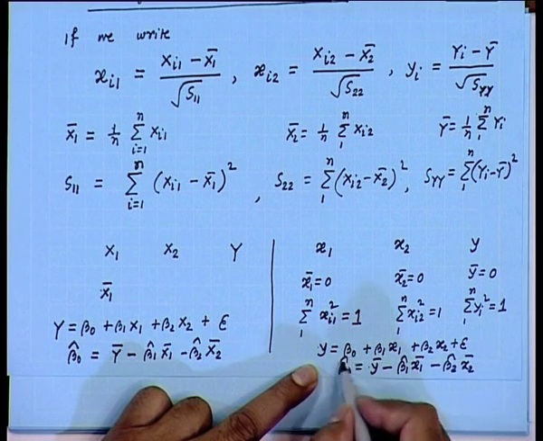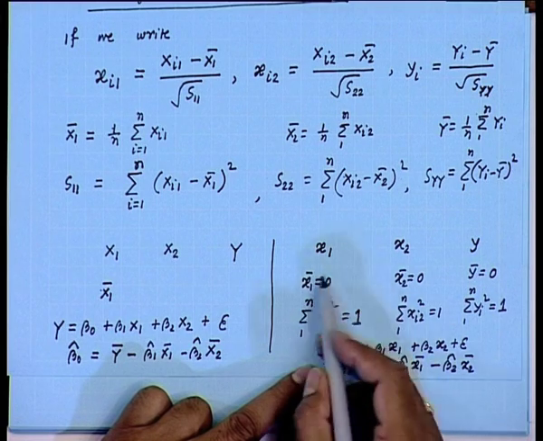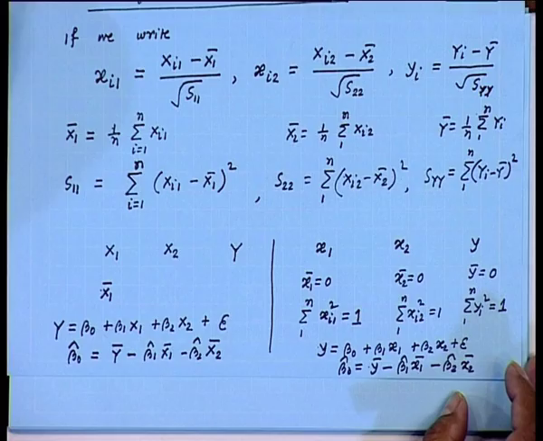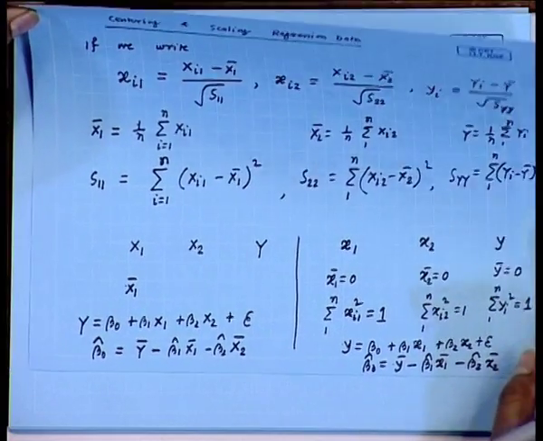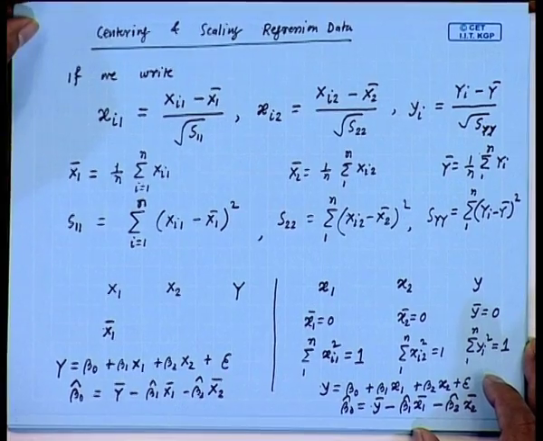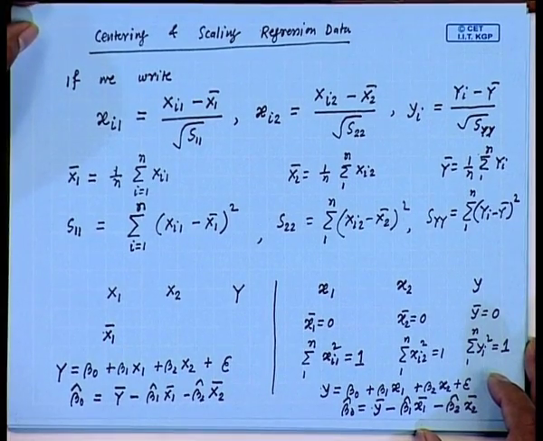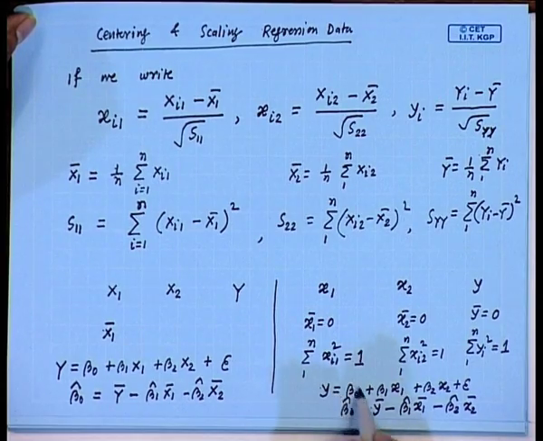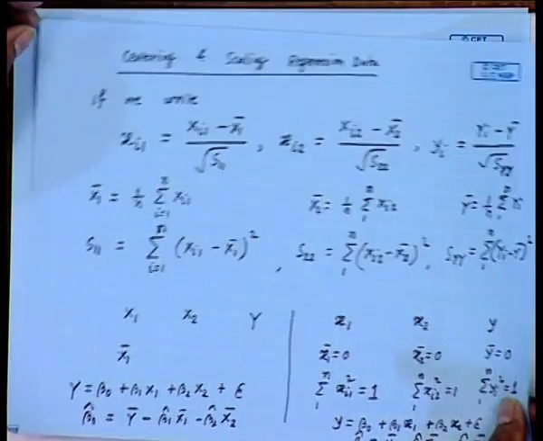So, the intercept for this transformed data is always going to be equal to 0. So, that is why for this scaled and centered data we will omit the intercept beta naught from the model.